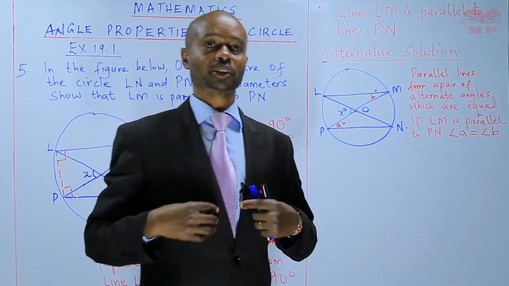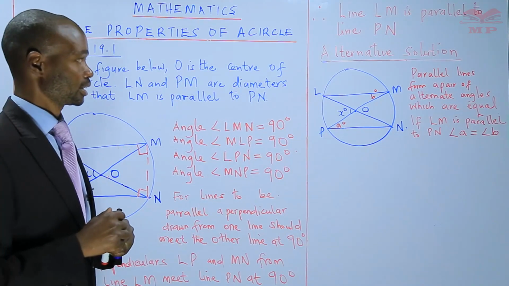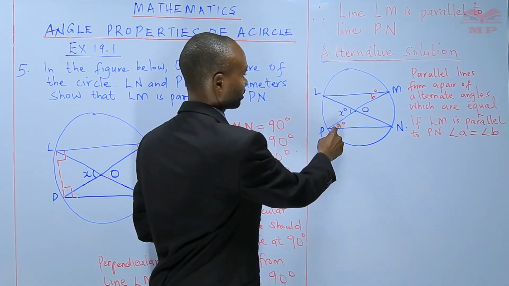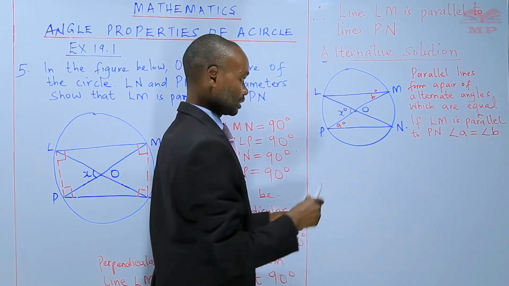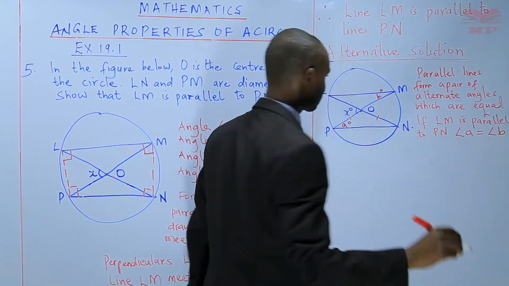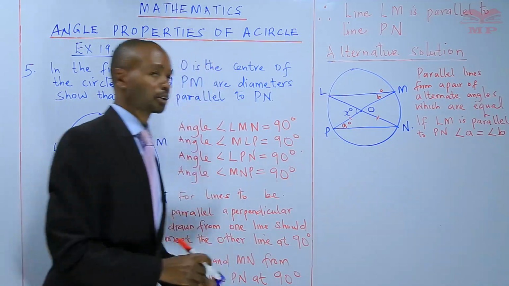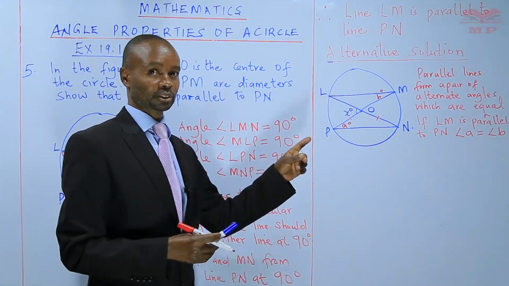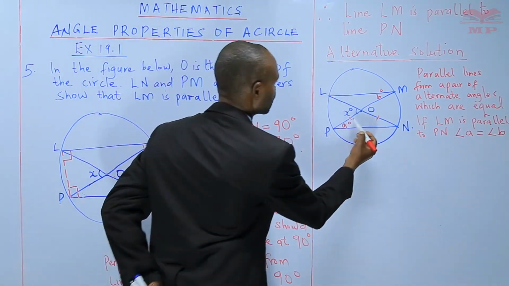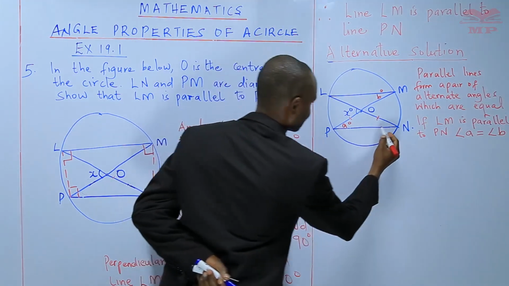So let's go to finding the value of angle A. We go back to the diagram. That is a straight line. This is angle A. It is arising from an isosceles triangle. In an isosceles triangle, the two base angles should be equal. So if we have OPN as A, we shall have ONP as A degrees.